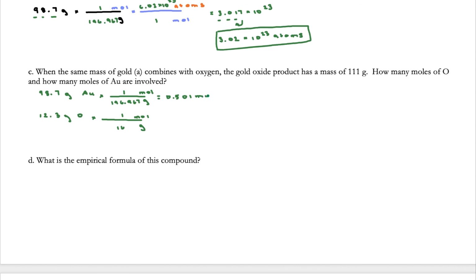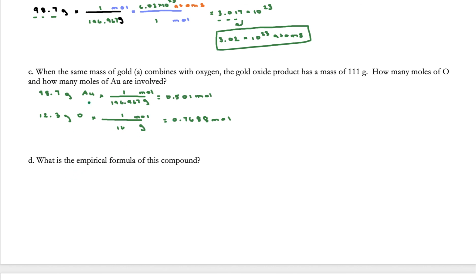I'm going to take 12.3 now, and divide it by 16, and what I get is 0.7688, let's say, moles. So that is my answer for C. That many moles of gold, that many moles of oxygen.